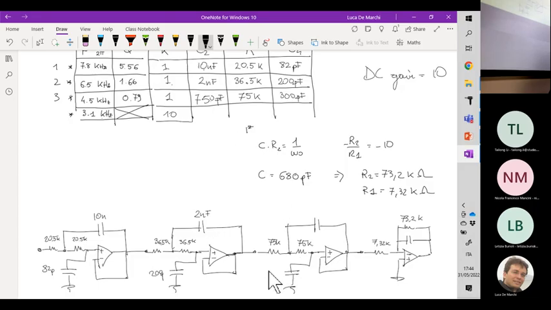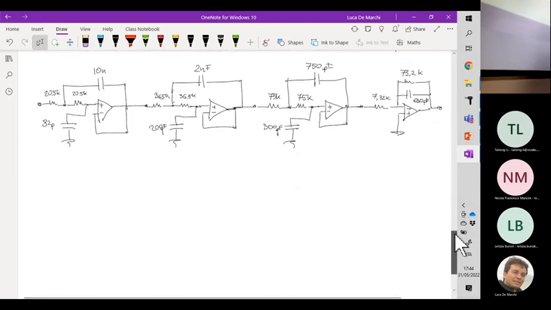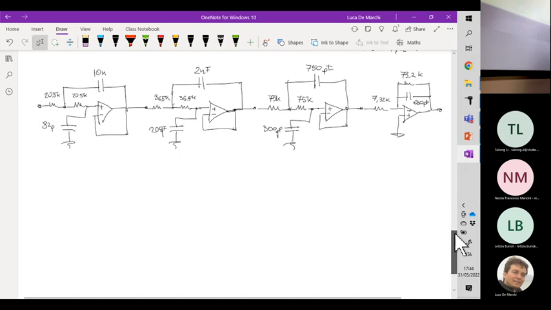And finally 300 and 750. The last one is the capacitance C, 680 picofarad for the first test. And this is the implementation which can be achieved by using a Sallen-Key topology with the smart strategy.